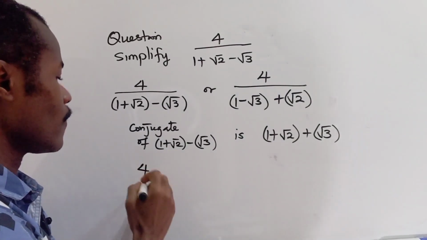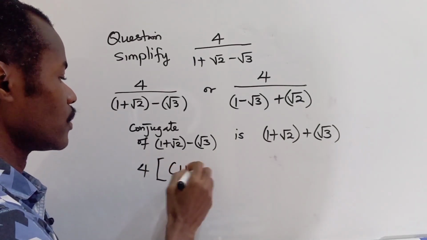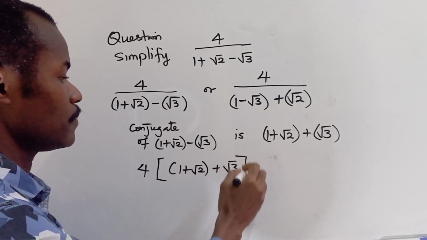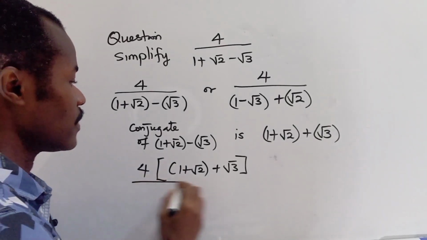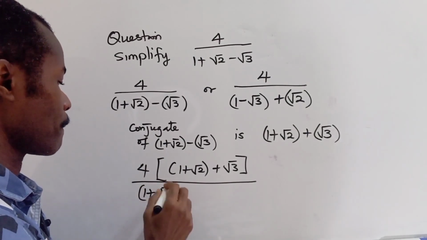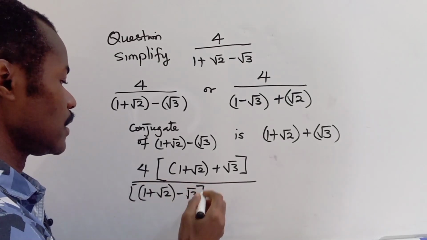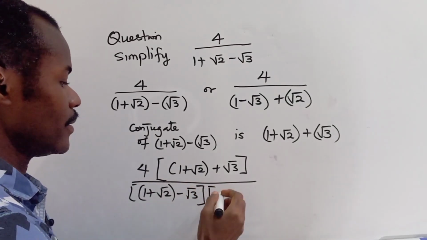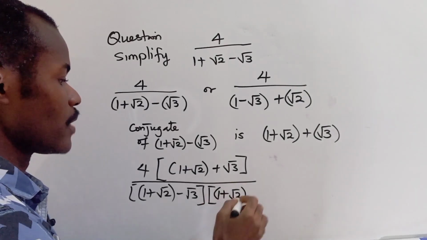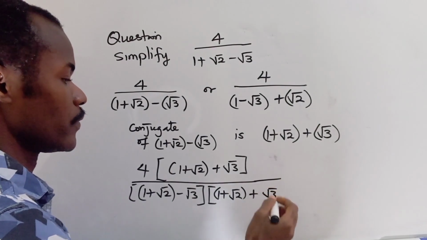So we're going to have 4 multiply 1 plus root 2 plus root 3, divided by 1 plus root 2 minus root 3, all of this multiplied by 1 plus root 2 plus root 3 in brackets.